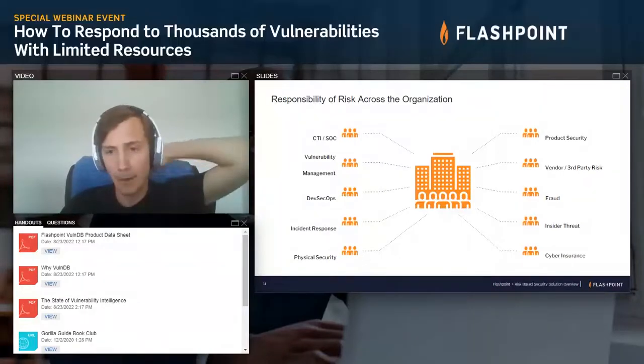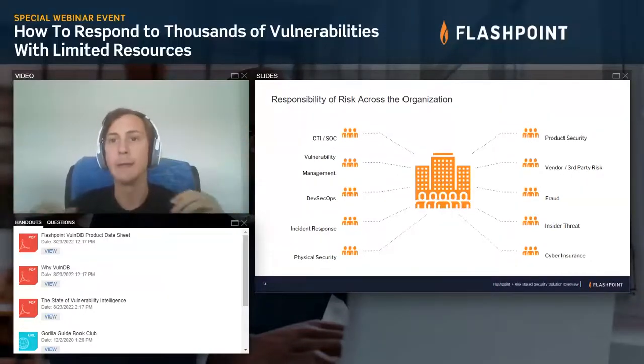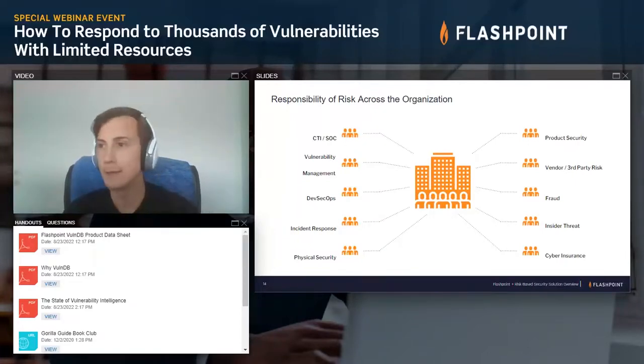So another great thing about VulnDB, and it might be obvious from what I said, or it might not be, is that it serves a lot of different personas across any organization. Like I said, we have coverage of IT, OT, libraries, software, hardware, whatever, right?